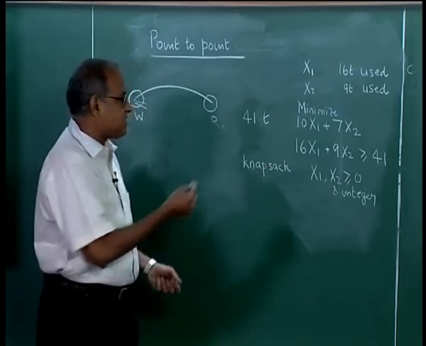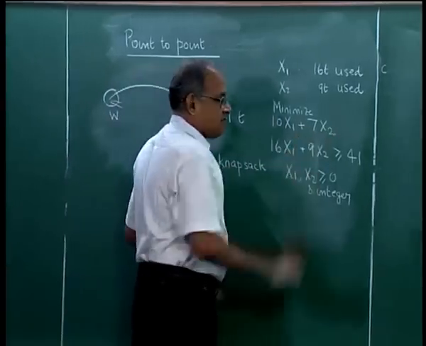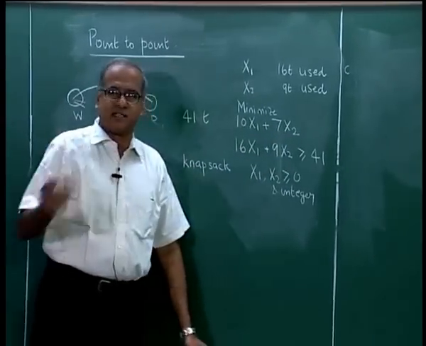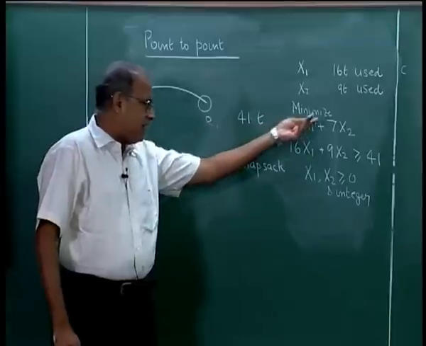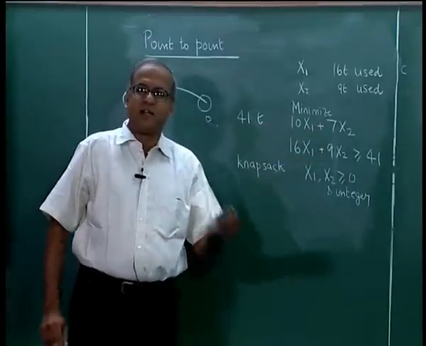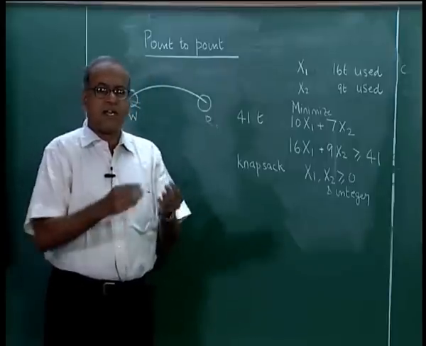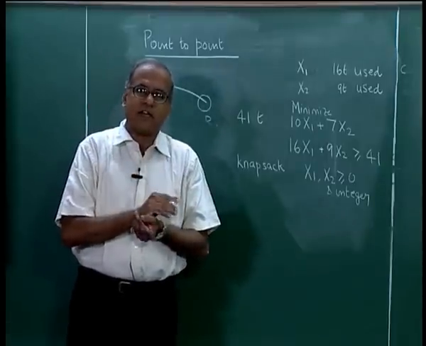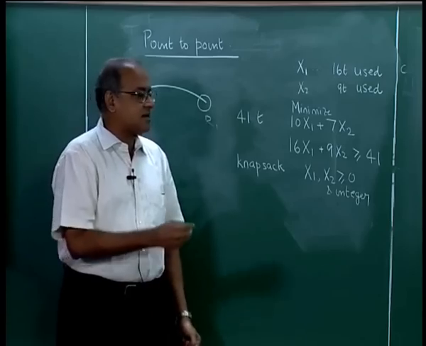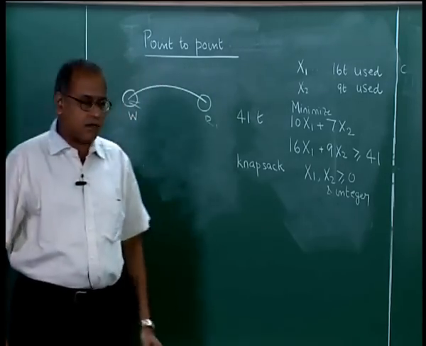If we have a solver, one can easily solve this using the solver, as there is only a single constraint. If we have only two variables and a single constraint, one can even do an enumeration and try to solve it, but there are better ways of solving this using some kind of branch and bound algorithm.